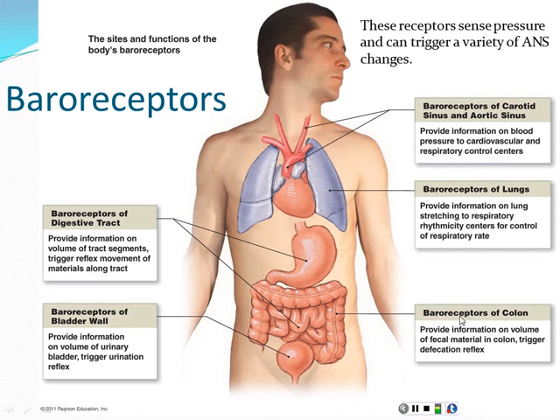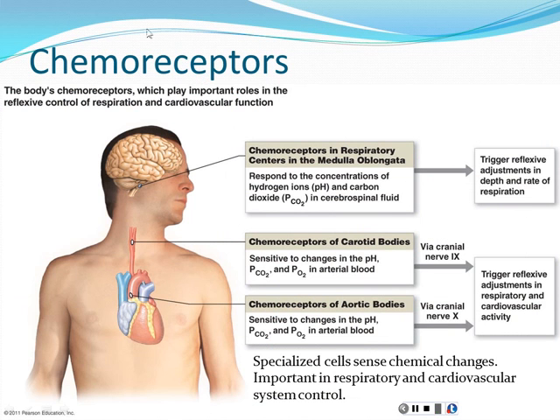In the colon, baroreceptors are used to determine how full the large intestine is, to determine GI emptying or the defecation reflex. And in the bladder wall, it's baroreceptors that determine when the bladder is full. So that sensation of the need to void comes from baroreceptors in the bladder wall. These baroreceptors do lots of different things.